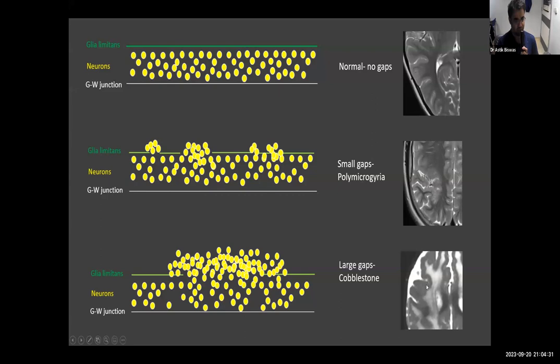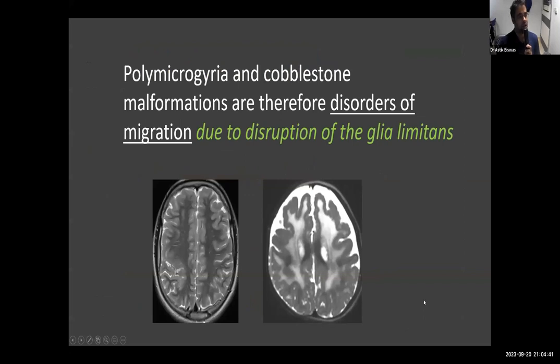As we can see here, frequently with cobblestone malformations, the white matter is also abnormal, which enables differentiation from polymicrogyria. So essentially, both of these conditions are disorders of migration due to disruption of the glia limitans.